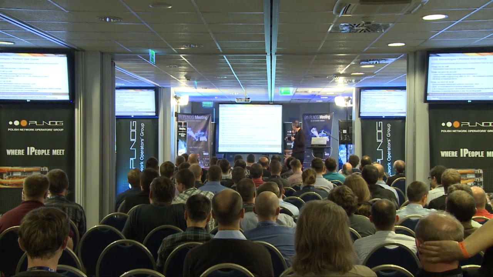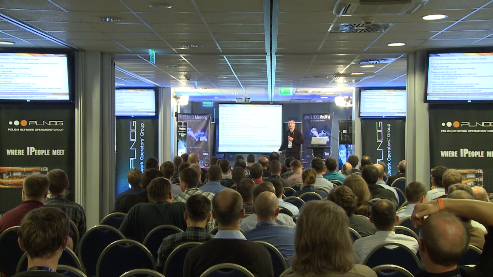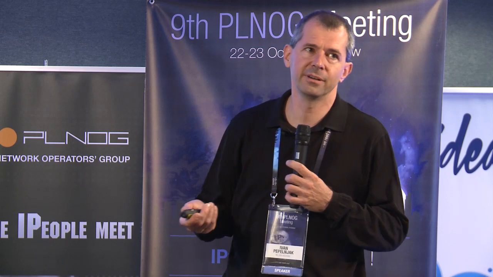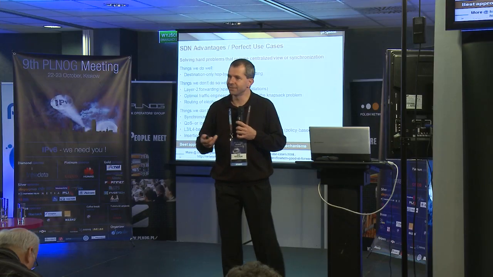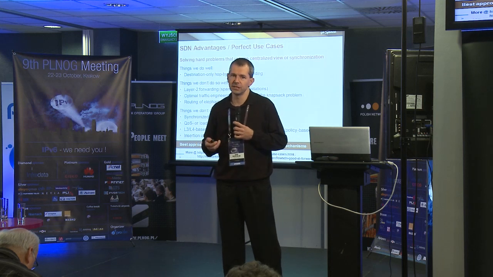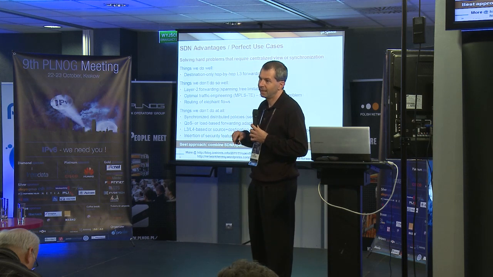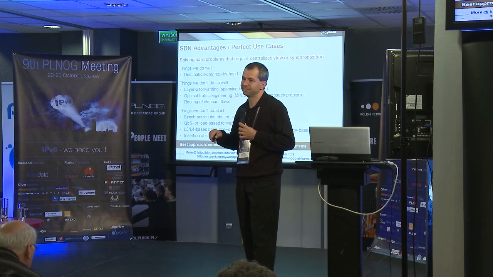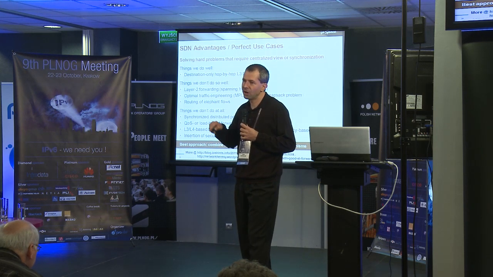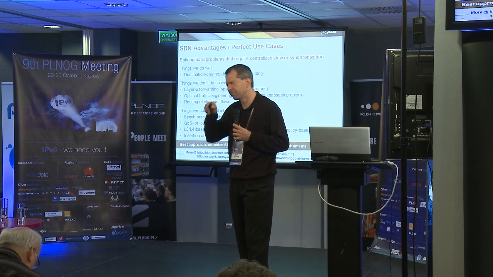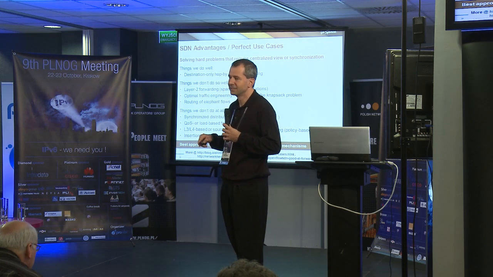Then, there's the optimal traffic engineering. And for those of you who are interested in complexity theory, traffic engineering, when you get down to it, is a knapsack problem. And that thing is NP-complete. That thing cannot be solved in polynomial time. So it's a hard problem.